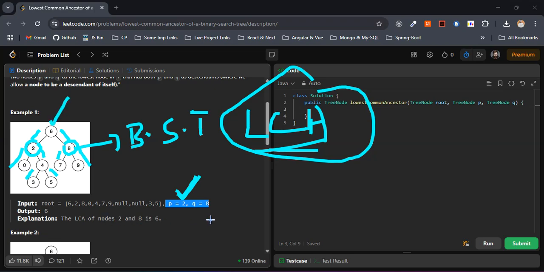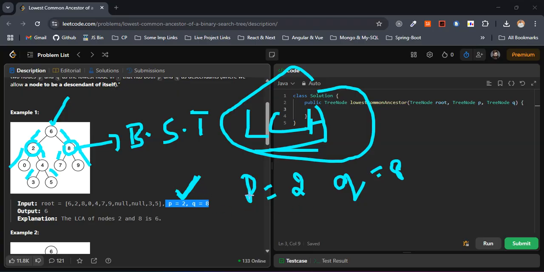We have been given P equals 2 and Q equals 8 for the first example. I'll show it for the first one, and for example 2 you can go with the same steps as I show for example 1.